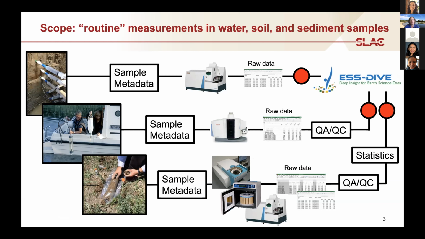And so they have already been through, or should already have been through, the sample metadata standard. So they should have a registered sample ID and follow all of the requirements for the sample metadata standard that Joan has been developing. And then they've been taken to the lab and run through some sorts of analyses: ICP, IC, DA, you name it.